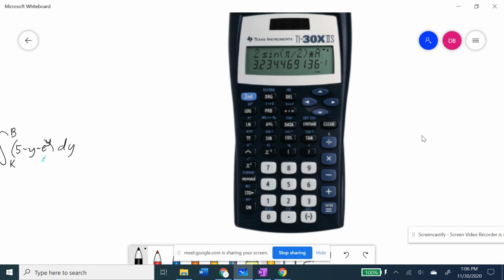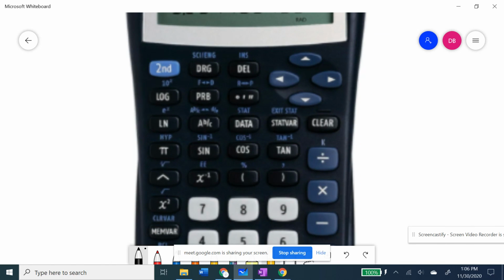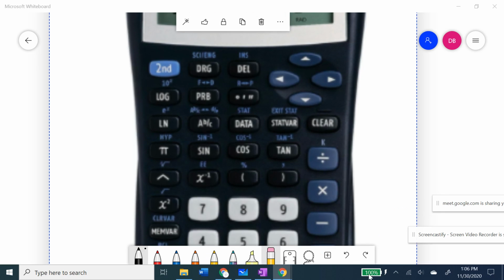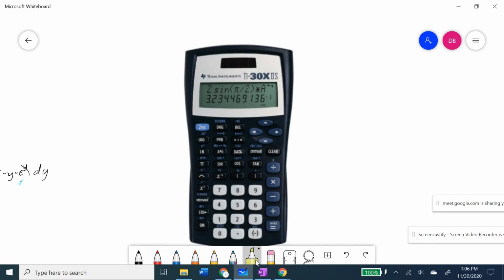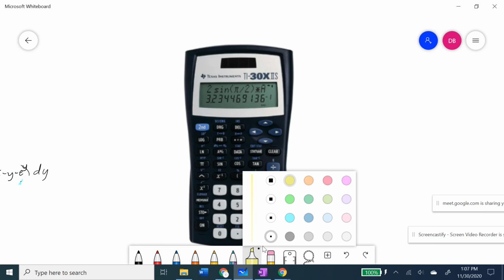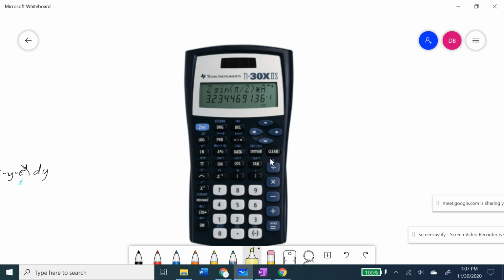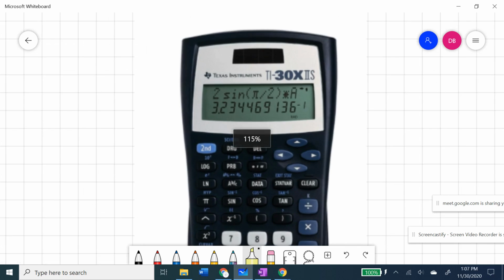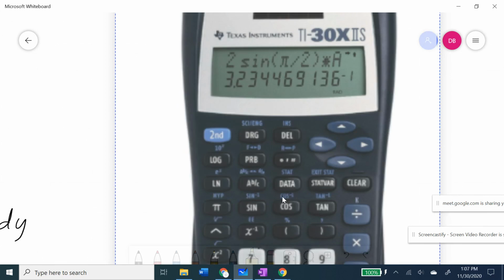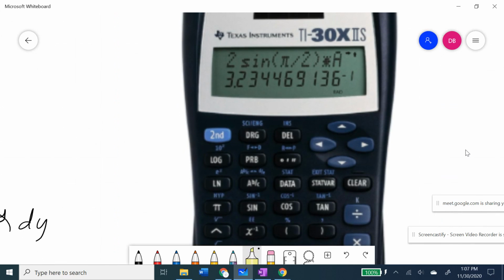Okay, so I'm going to highlight it. Right here. There we go. Right there, I highlighted it.